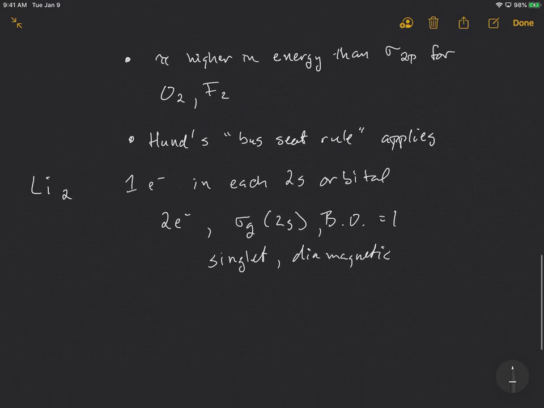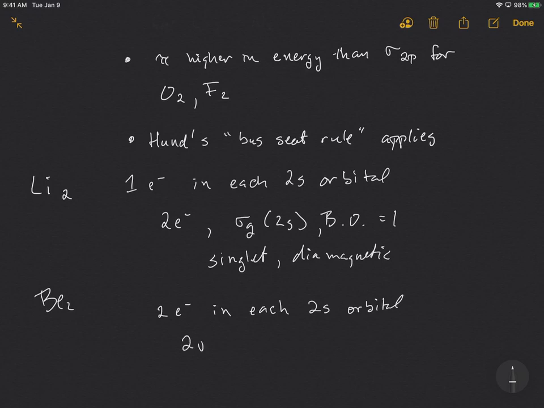Now let's consider beryllium-2. Don't want to spend too much time on beryllium-2. Beryllium's pretty toxic. Each atom brings 2 2s electrons into the system, and so that's going to be 4 total electrons.